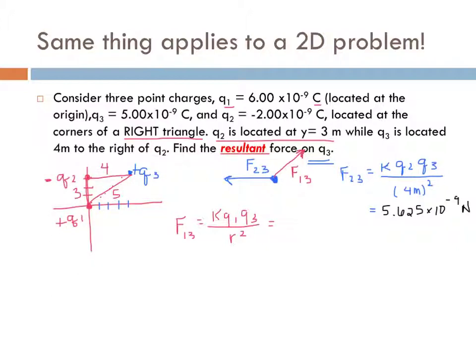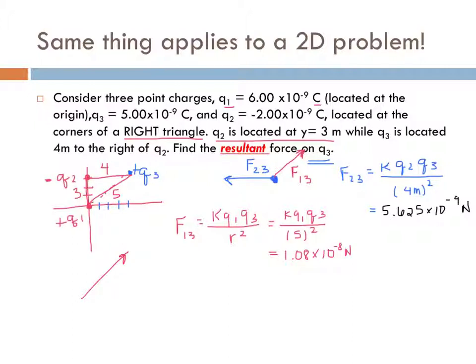So 5 is the distance between Q1 and Q3. So we can actually get a value for that, which you get 1.08 times 10 to the negative 8 newtons.